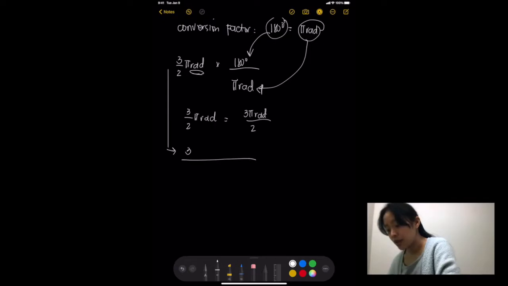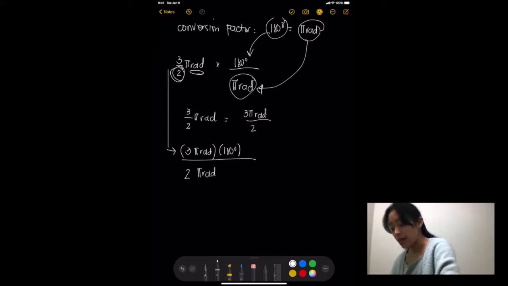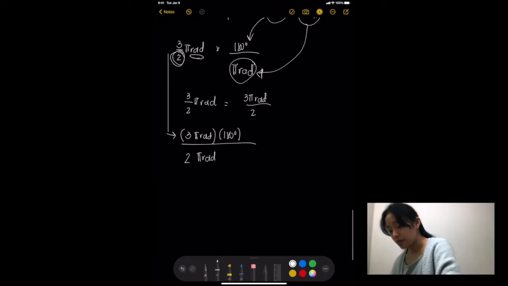So let's go now to our conversion. So I have 3 pi radian. So I'm going to copy all the factors in the numerator. So 3 pi radian times 180 degrees divided by 2, because 2 is in the denominator here, and pi radian from here. Okay? So I'm seeing common units, common terms.